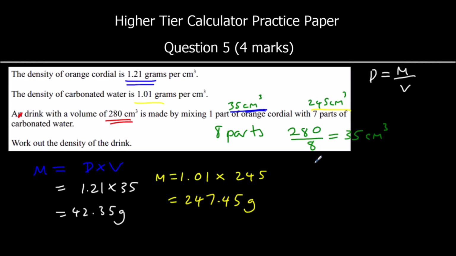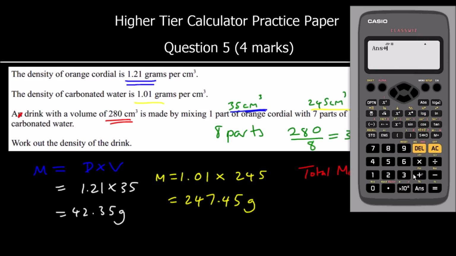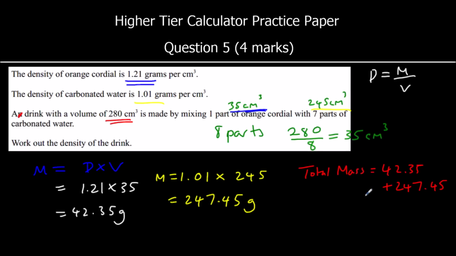So our total mass is 42.35 plus 247.45, which is 289.8.